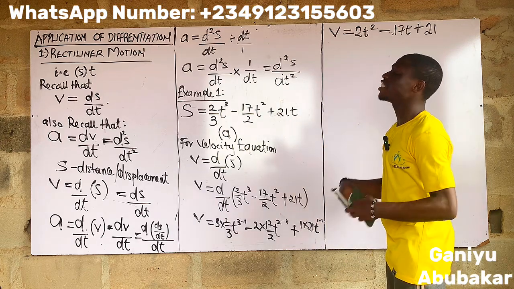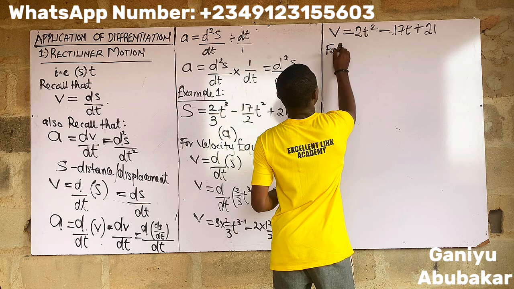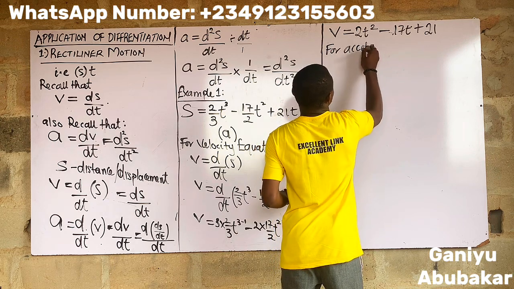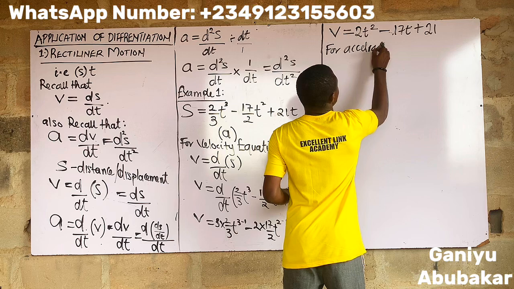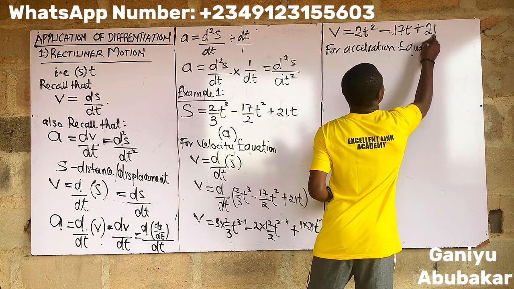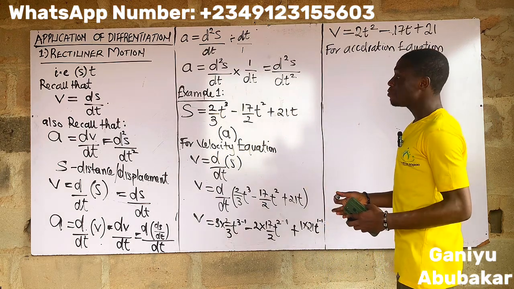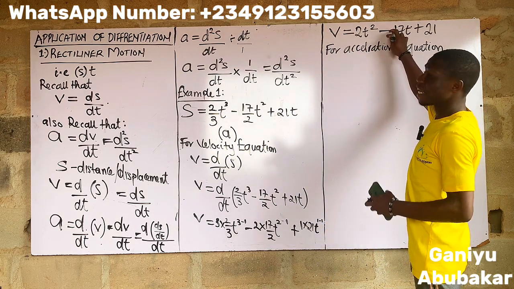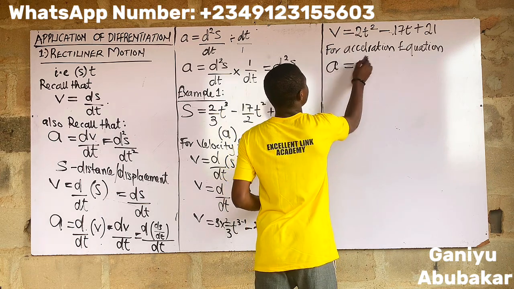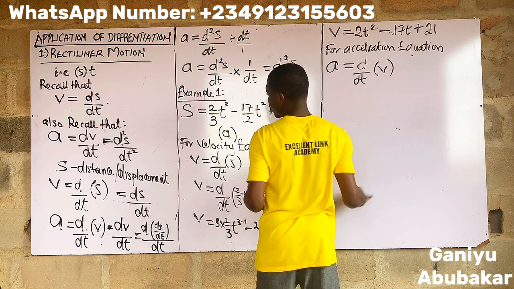Now let's get the acceleration equation. We said to get acceleration, I'll differentiate twice. It means that I'll differentiate this one here and get acceleration. So mind you, acceleration a is equal to what? d over dt of v. You said that earlier.